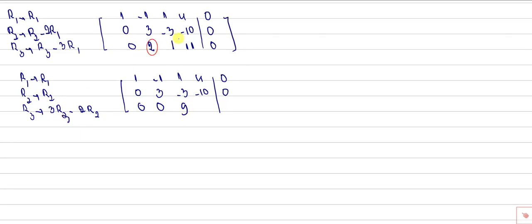Then 11 multiplied by 3 is 33, minus and minus is plus, 33 plus 20 is 53. This one is 0.